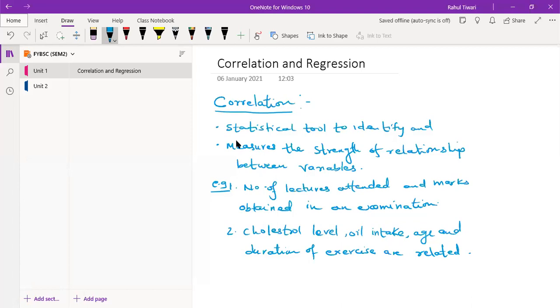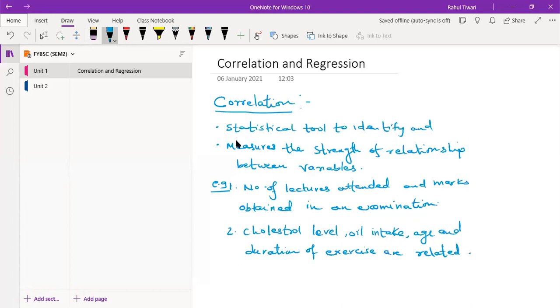For correlation, we need a minimum of two variables to understand the relation. If it is more than two, then it is called multiple correlation.